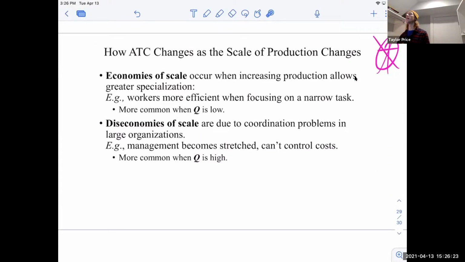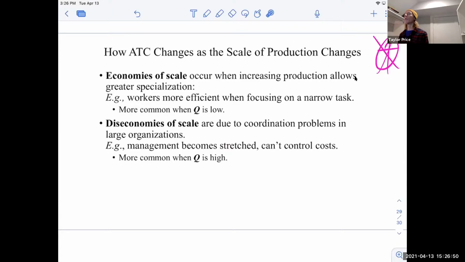Okay, and so when we're thinking about economies of scale and diseconomies of scale, it's really important to remember and think about what those mean. They're not just random things that we throw out, they do actually mean something. Economies of scale occur when there is increased production and it allows workers to specialize on a particular type of task.